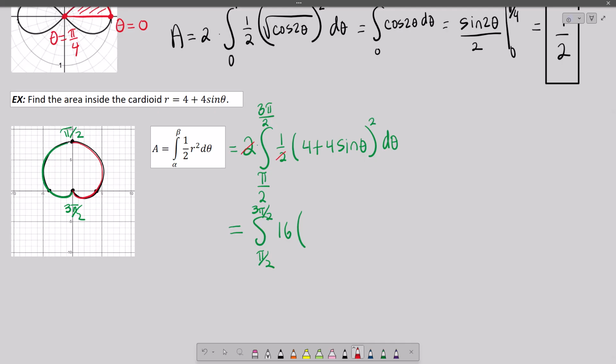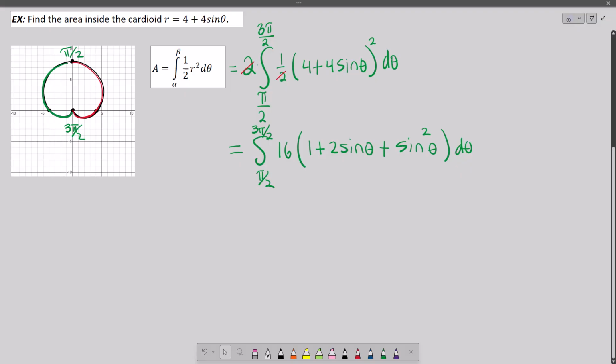And then in here, we'll just have 1 plus sine of theta. That's easier to square. It's going to leave 1 plus 2 sine theta plus sine squared theta. If you didn't do that, you would just have a 16 there, a 32 there, and a 16 there.